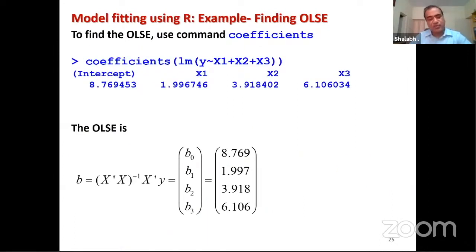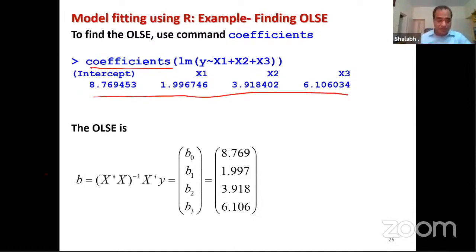If you simply want to see these coefficients, if you want to know only the coefficients, then you have another command, coefficients. It will give you only the values of the coefficients. The more important part which I want to show you is that you are getting these four values. What are those four values? How are they coming? These are the four values of B, which we have computed, B0, B1, B2, B3.